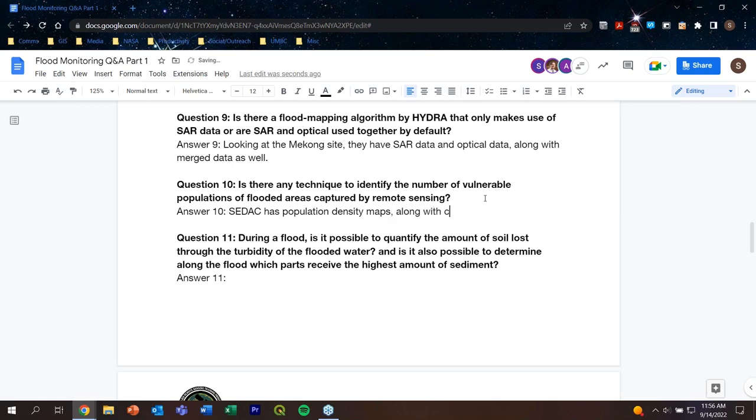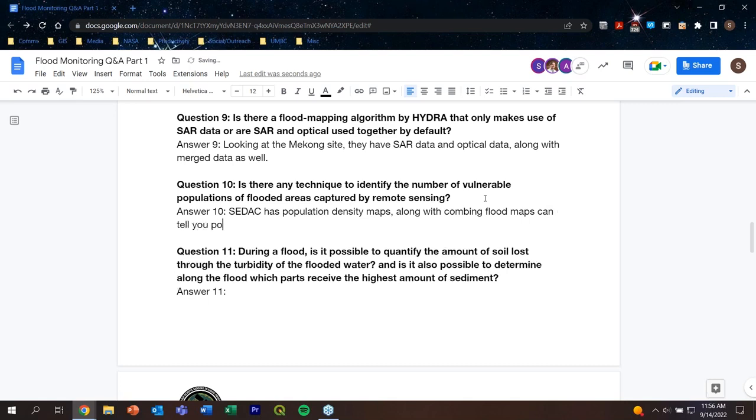So you have to use that additional information. CDAC does have population density available. In the US, the Census Bureau also has population information. So combining flood maps with population maps along with a low-lying area map or elevation map can help identify vulnerable population.